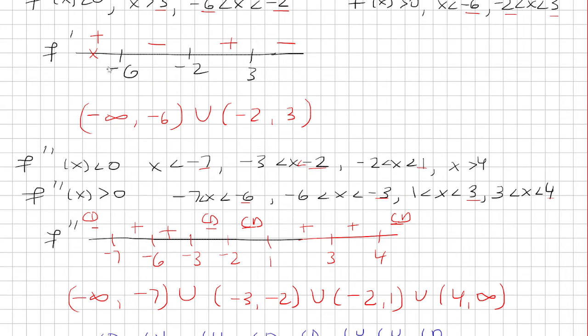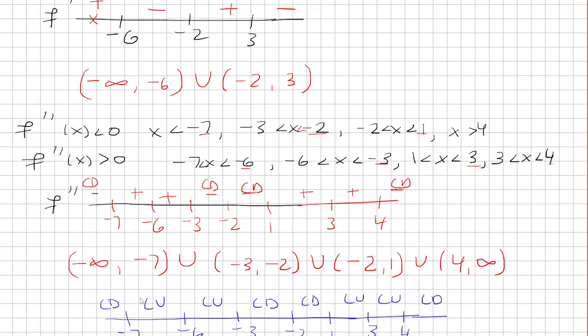The first derivative is positive when x is less than negative 6, so it's increasing. Between negative 6 and negative 2, it's decreasing. And then from negative 2 to 3, it's increasing. After 3, it's decreasing.